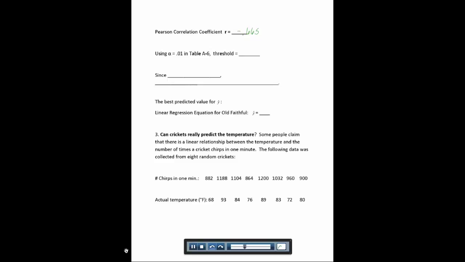If we use alpha as 0.01, we get our critical value is 0.917. Here we have a negative R value, and that's fine. We're going to look at the absolute value of R, which would be 0.665. The absolute value of R is less than the critical value. So that means there is no linear correlation.